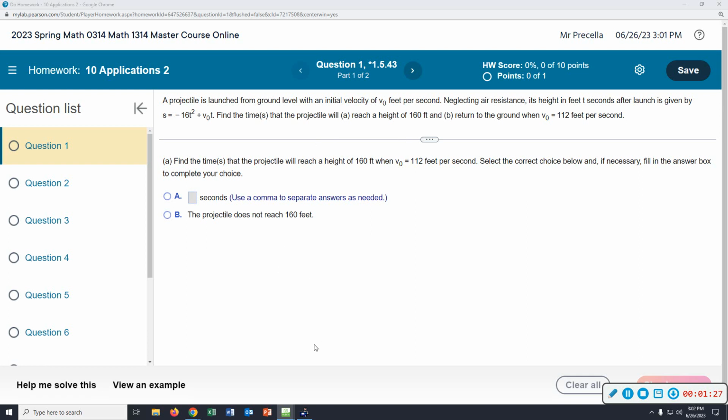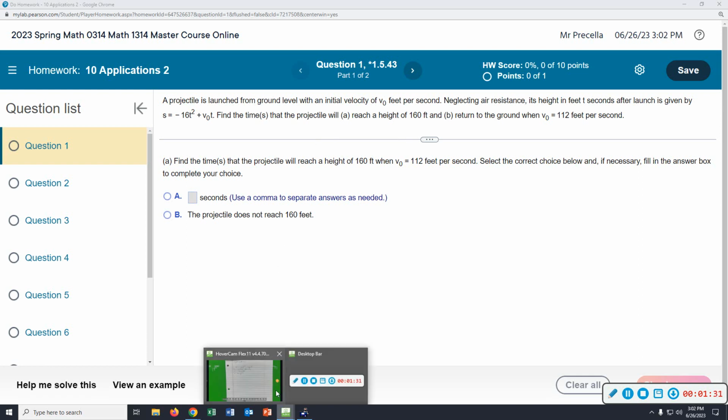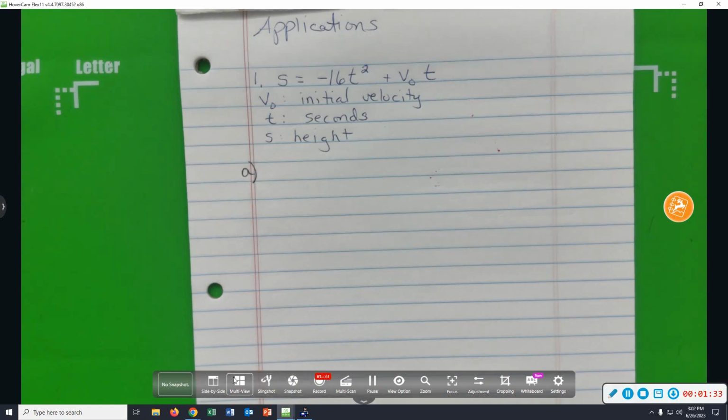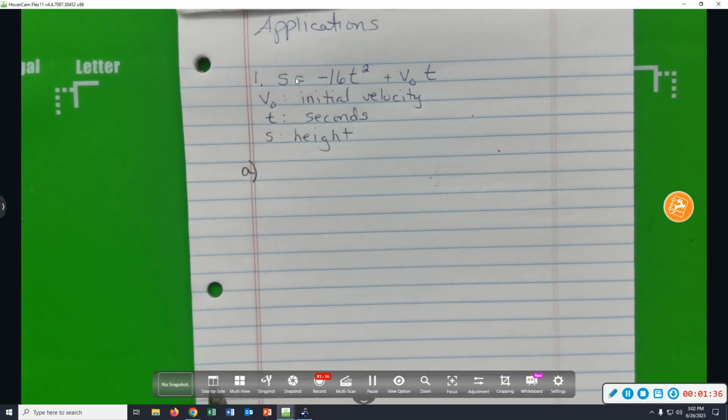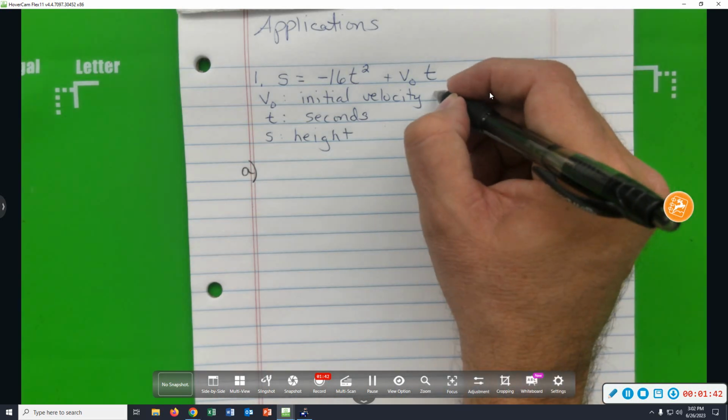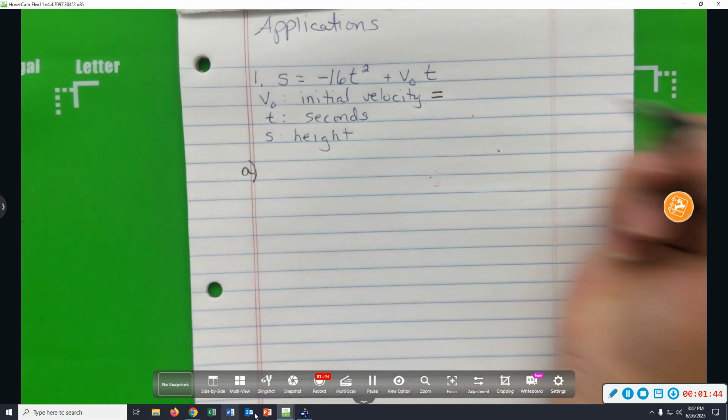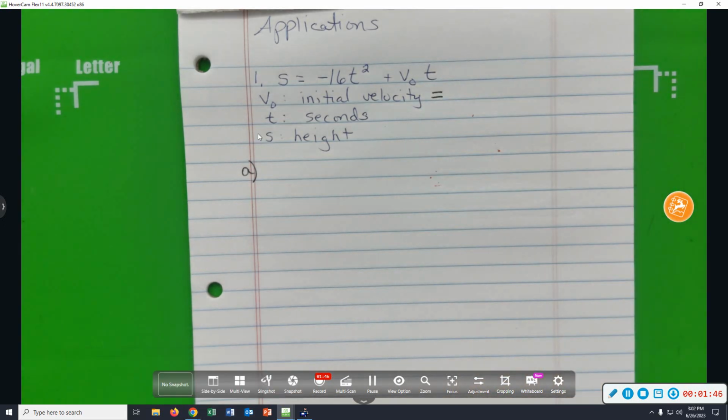So let's see. Start part A. It looks like here's the formula that gives you the height of the projectile, and t is time in seconds. Look back at the problem. It seems like we need to know an initial velocity v0.